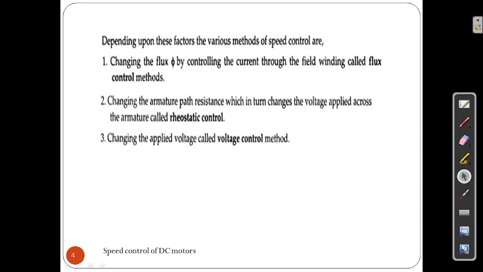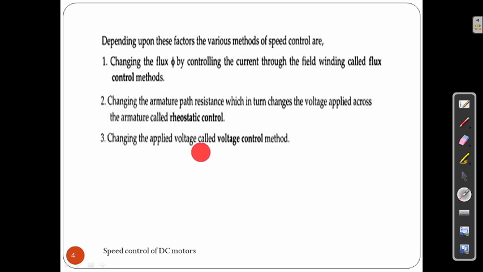Depending upon these factors, the first one is changing the flux. Controlling the flux by the current through the field winding is called the flux control method. Then changing the armature path resistance, which changes the voltage applied across the armature, is called rheostat control.